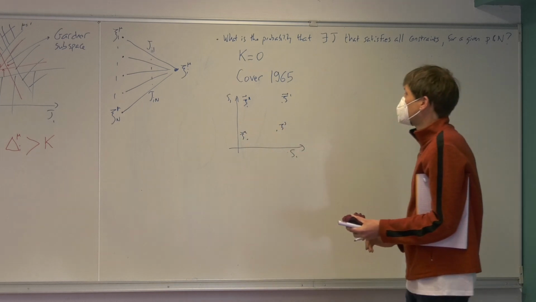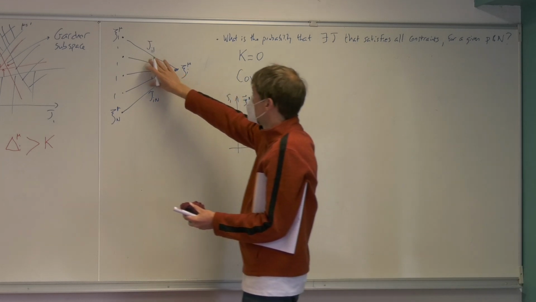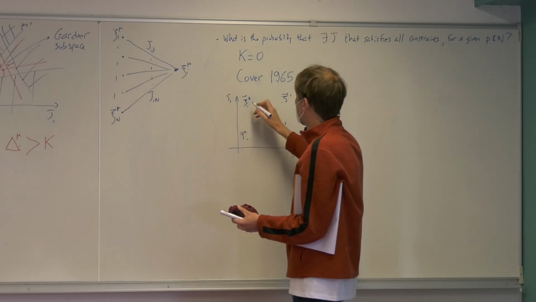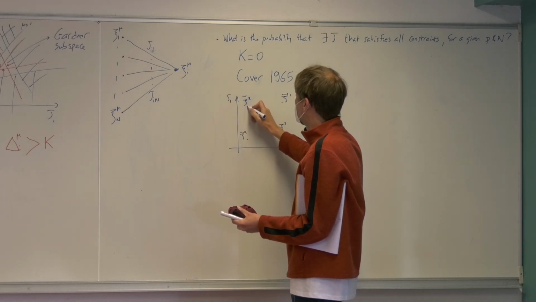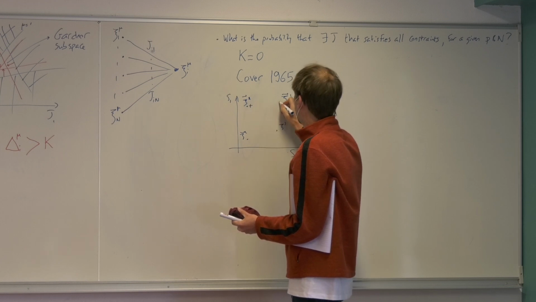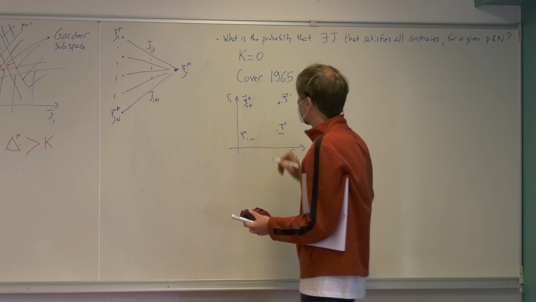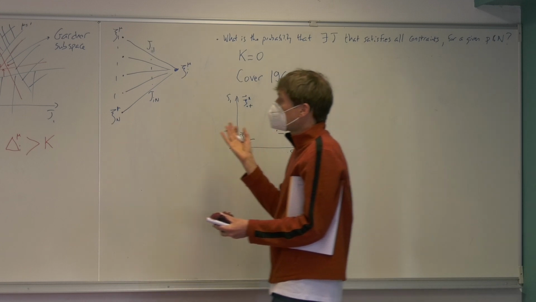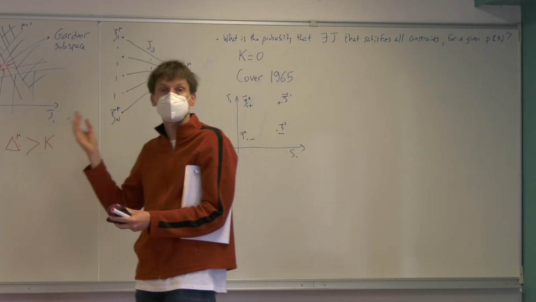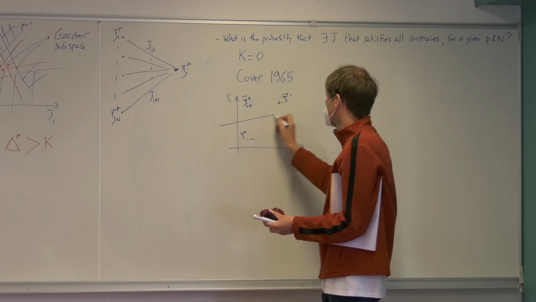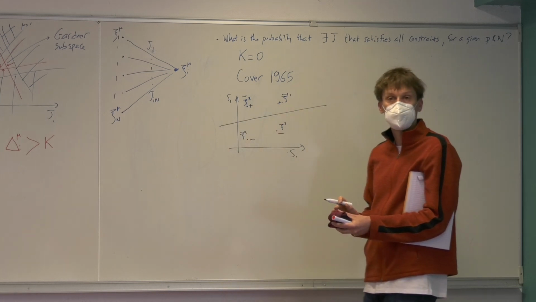And then for each of these neurons, each point can give an output which is +1 or -1. So basically, finding a weight vector that satisfies all the constraints means that you have to find a hyperplane that separates these two sets of points.